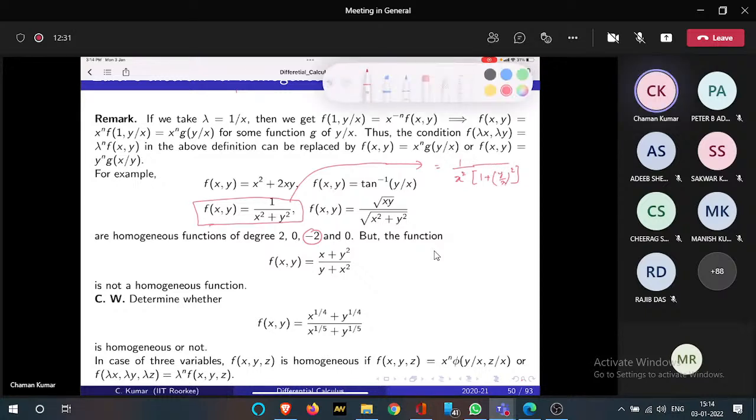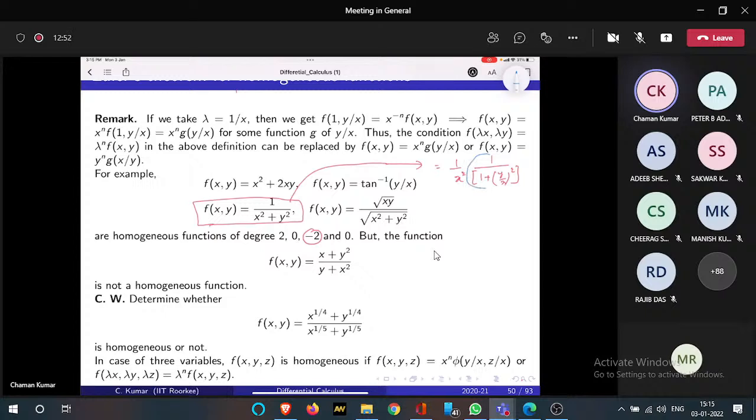This means you have 1 over x raised to 2 and 1 over (1 plus y by x) raised to 2.